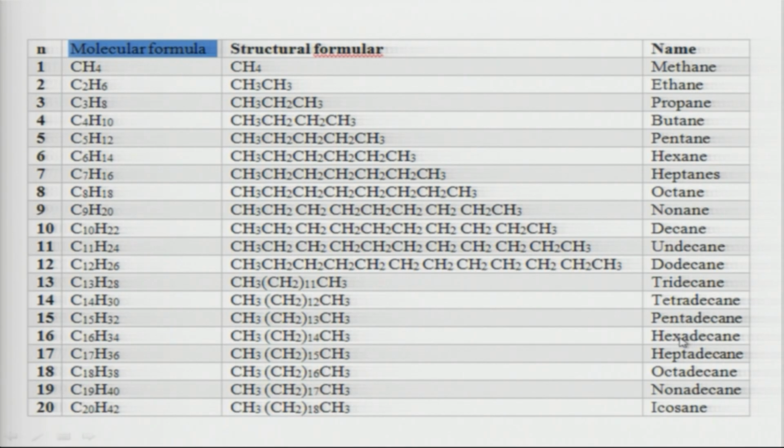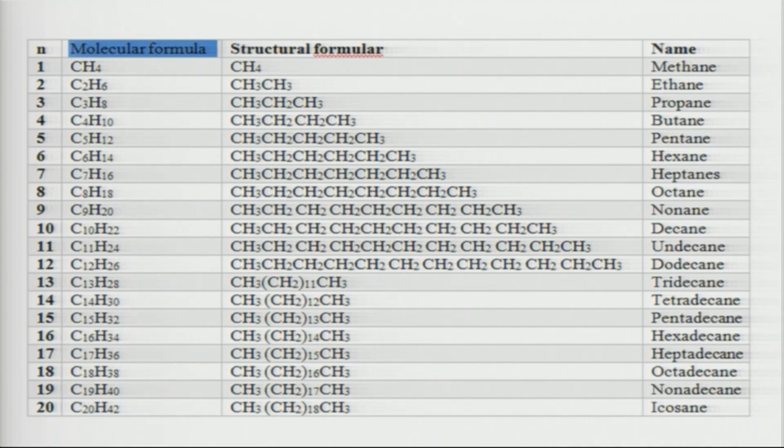hexadecane, where we have 16 carbon atoms. You have 16 times 2, which is 32, plus 2, which is 34. Then number 16 is hexadecane. Number 17, heptadecane. Then number 18, octadecane.